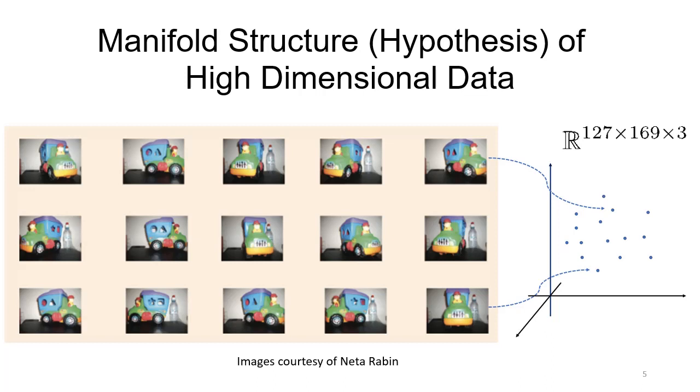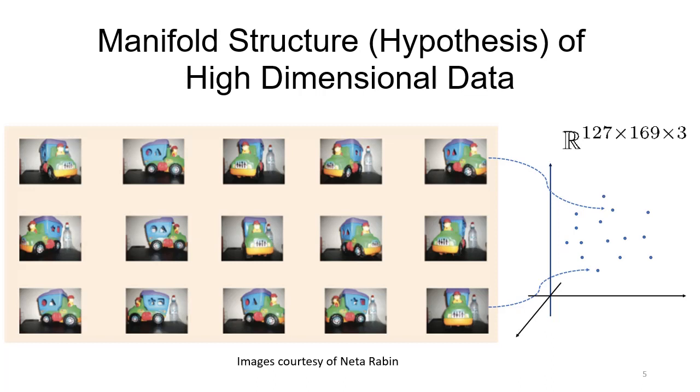And each pixel needs 3 numbers to describe the color densities of the red, the green, and the blue. That's the so-called RGB system. So for each image, how many numbers will I need to describe the image? That is 127 times 169 times 3.